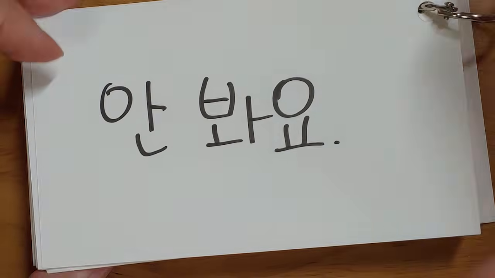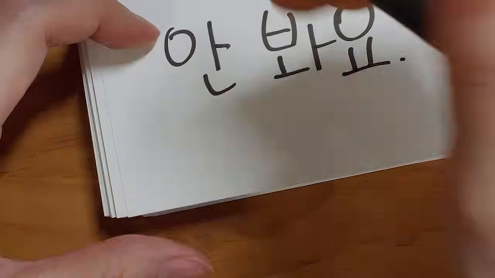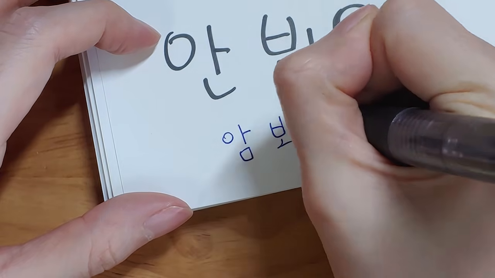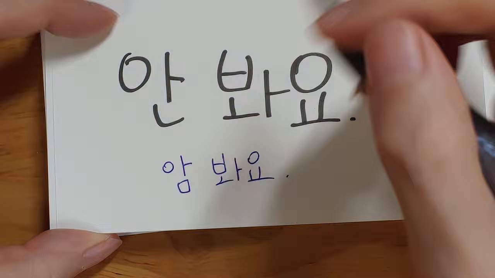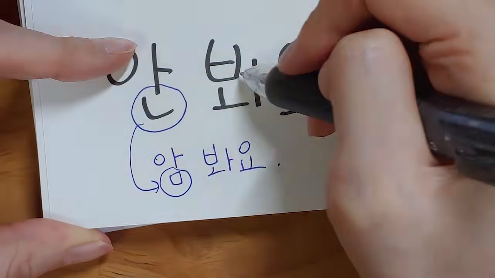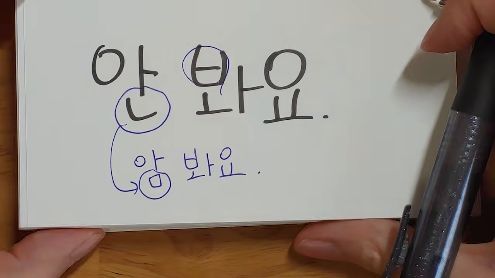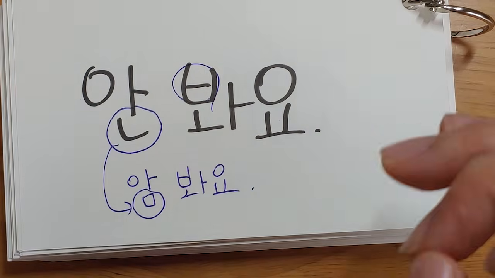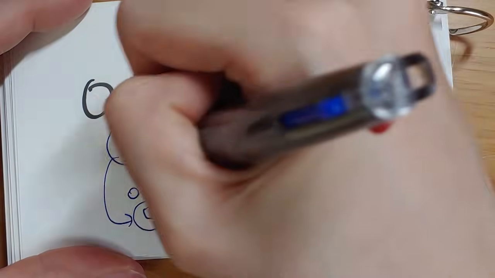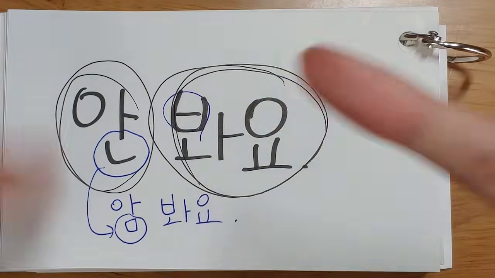그다음에 안 봐요. This one is pronounced like 안 봐요. This got assimilated to ㅁ sound when it meets ㅂ, right? 안 봐요. And 봐요 means watch, see, look. And 안 is one way of negating a verb.